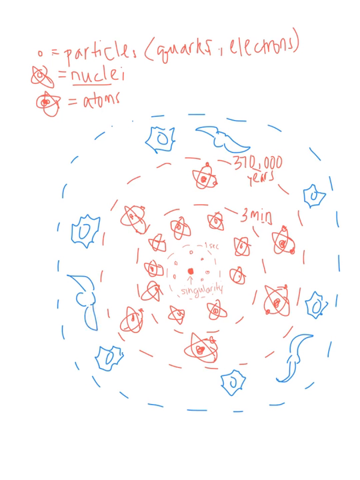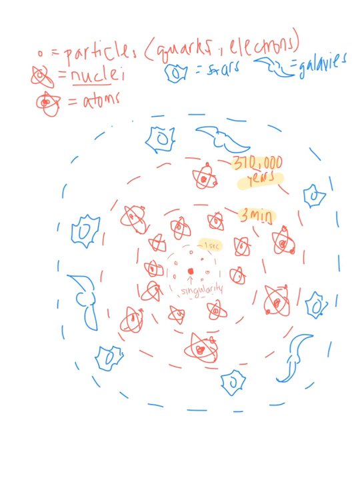Okay, we definitely want a key for this. So we can show, okay, this equals stars. And this equals galaxies. Now, we said that the first thing, right, took 1 second, then 3 minutes, 370,000 years.